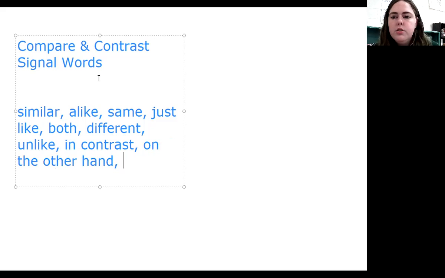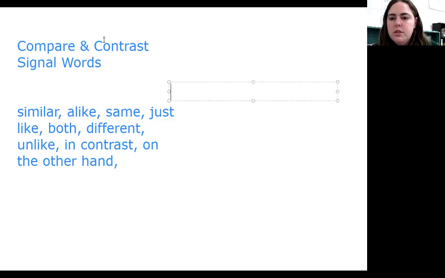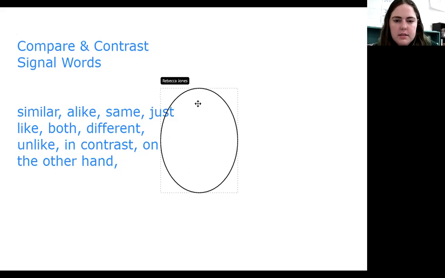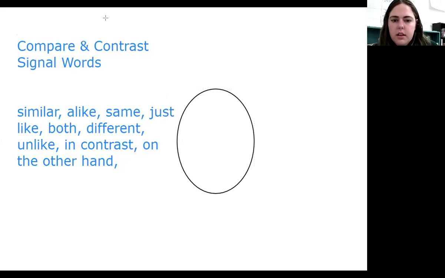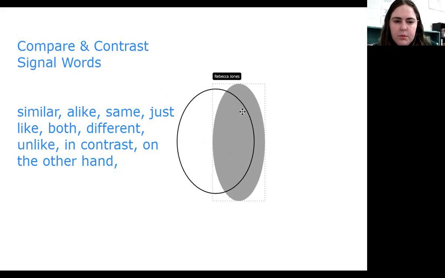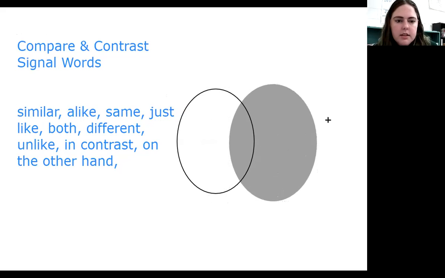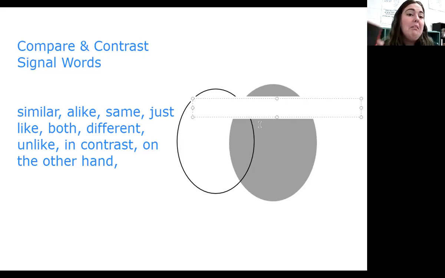And when we use compare and contrast, we would do a map that looks like this. It doesn't have to be clear like that, but it would look like this. So let's say I was comparing my phone to my water bottle, okay?